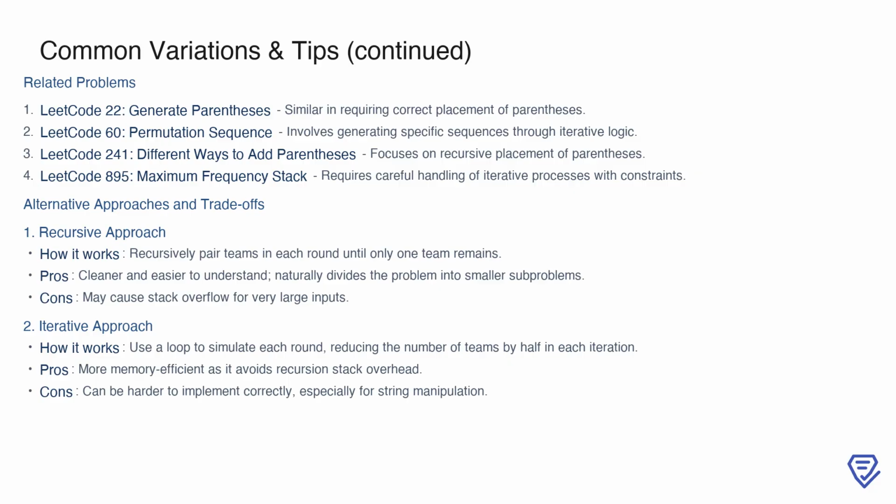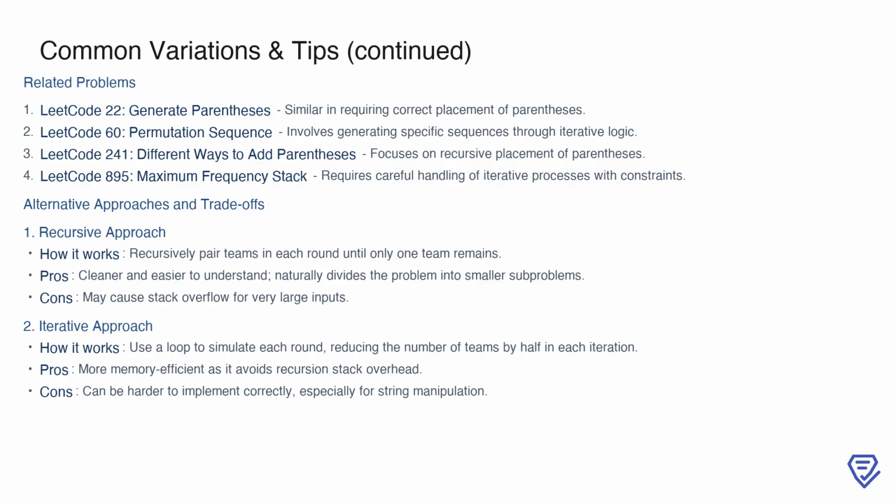As for alternative approaches, one option is the recursive method. Here, you recursively pair teams in each round until only one team remains. This approach is clean and intuitive, as it breaks the problem into smaller subproblems naturally. However, recursion can lead to stack overflow if the input size becomes too large.